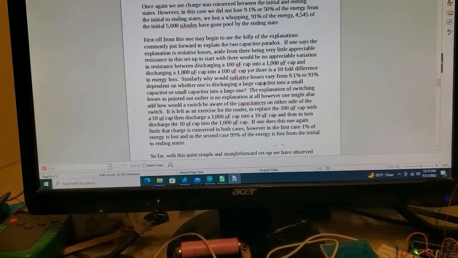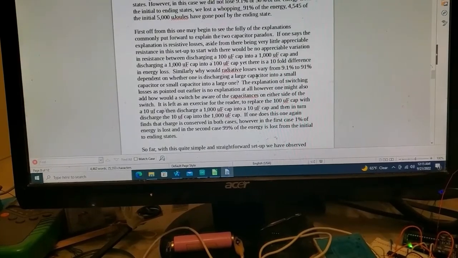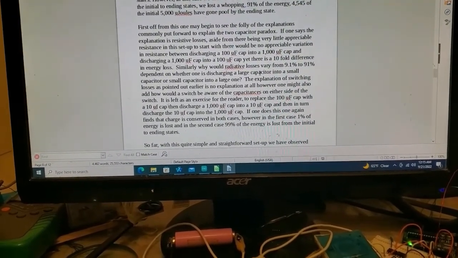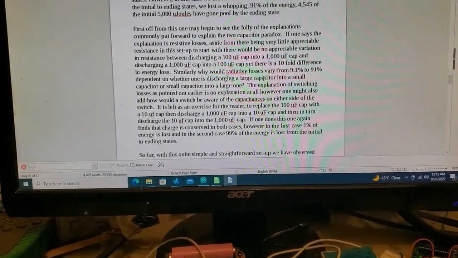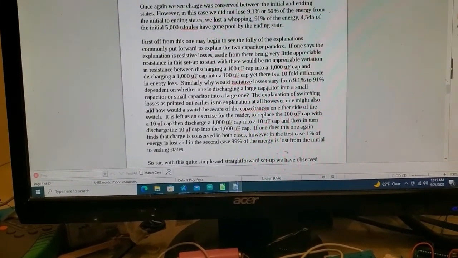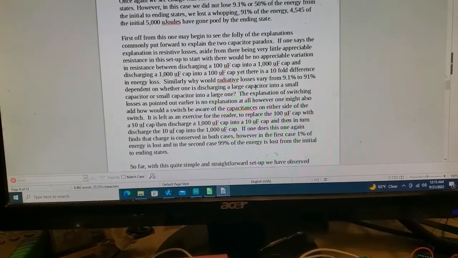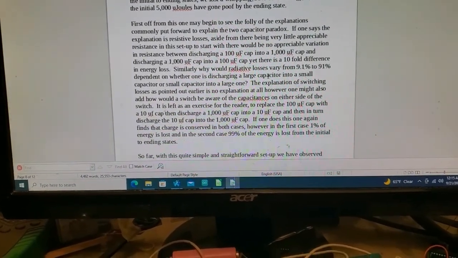What you're saying then is that the switch is a destroyer of energy. But I thought energy can neither be created nor destroyed. So all you're doing is saying energy can be destroyed. There's a switch, so avoid switches or energy will be destroyed. So the whole idea of switching losses, what does that even mean?